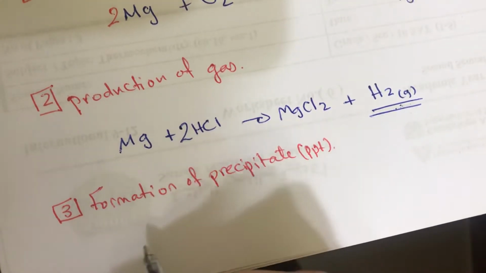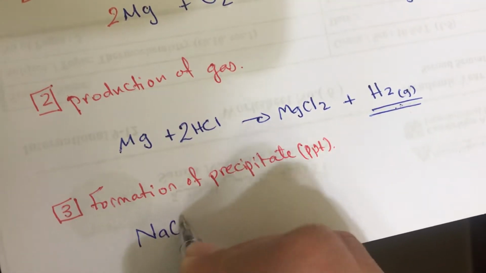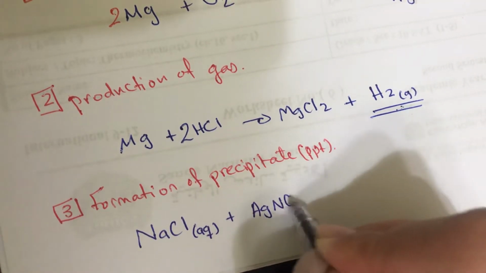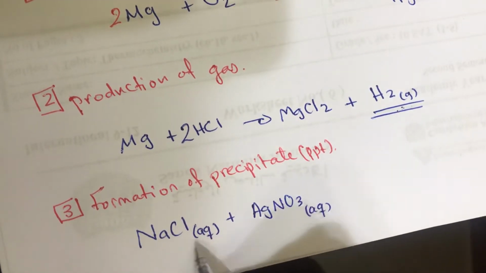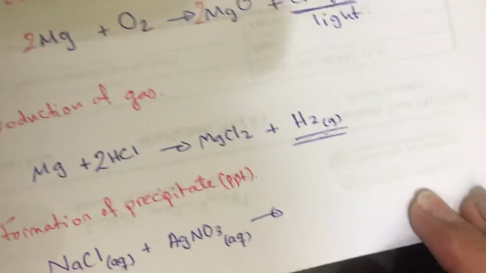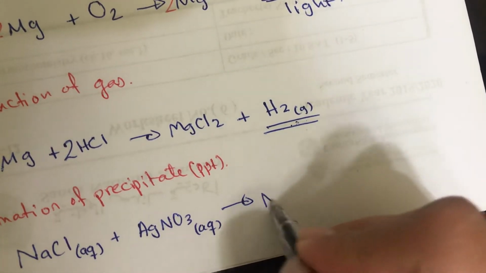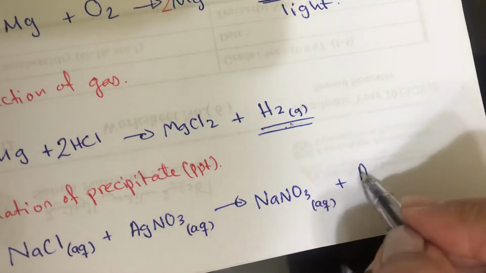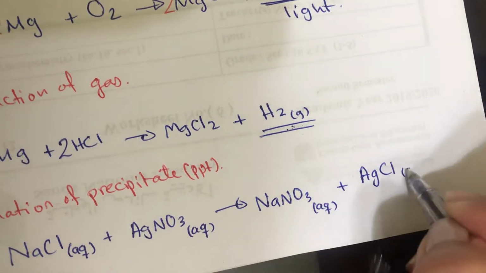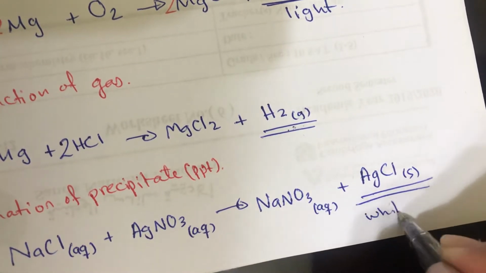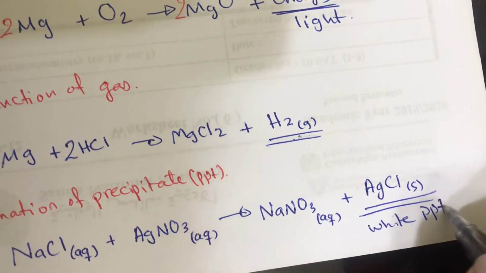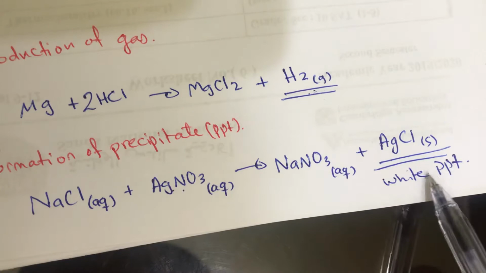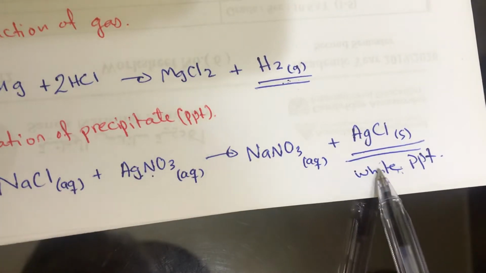So for example, if you have two solutions like sodium chloride added to silver nitrate, when you add them to each other, the products are sodium nitrate and a white precipitate, AgCl. It's a white precipitate. So if you have two solutions and when they are added to each other a precipitate forms, it's an indicator for a chemical reaction.